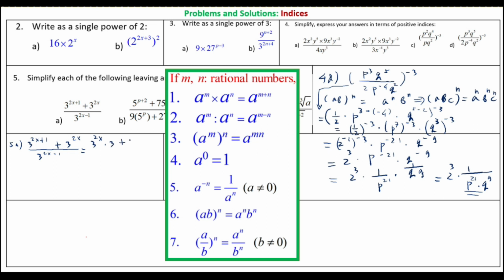And then we have 3 to the power of 2x all over 3 to the power of 2x minus 1. Same thing, first index law read from right to left: 3 to the power of 2x minus 1 equals 3 to the power of 2x times 3 to the power of minus 1.